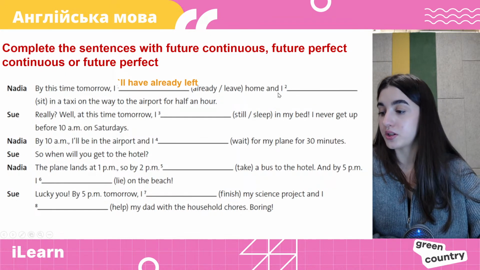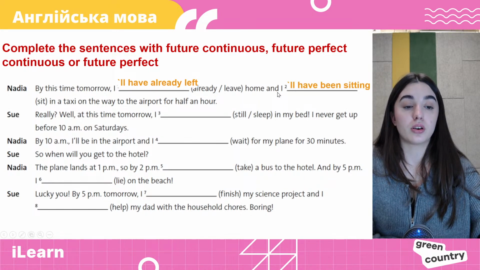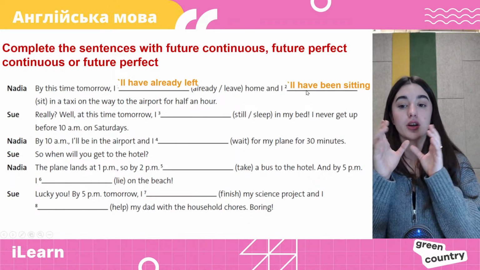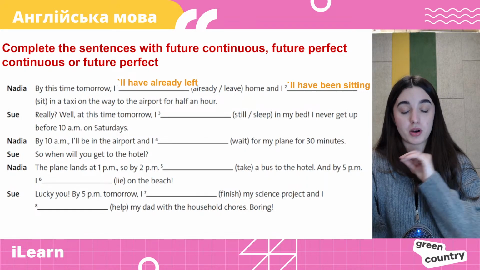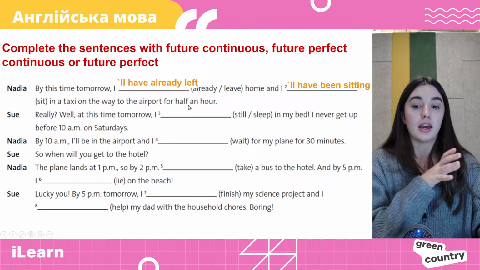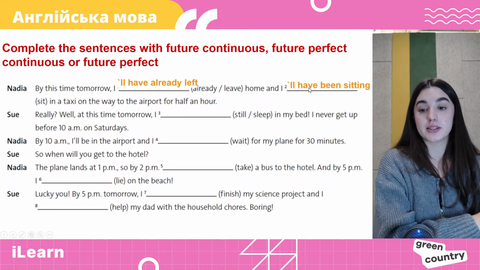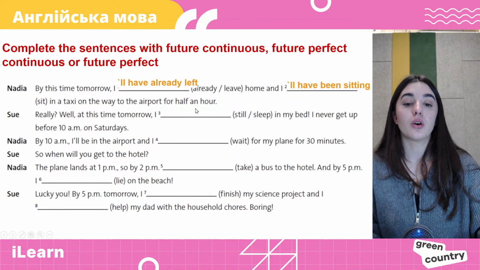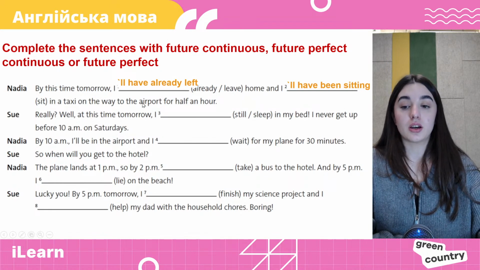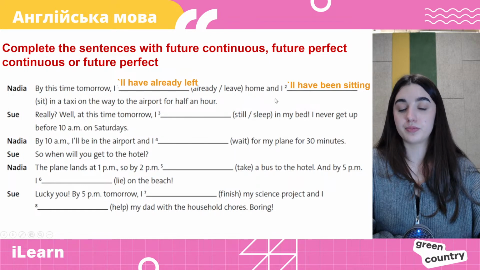And number 2, you said it is I will be sitting, and you are not correct here because you have one time marker for these 2 sentences, by this time. And here you have, by this time, I will have been sitting in a taxi for half an hour. So please don't forget that here we have one time marker for 2 parts of the sentence.